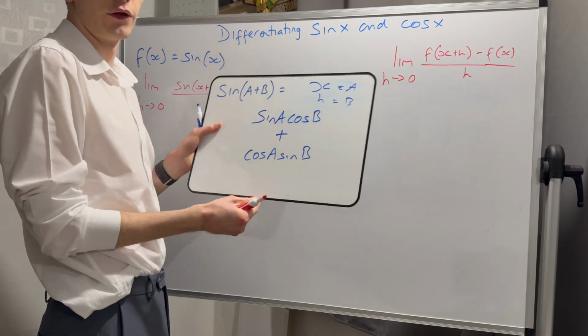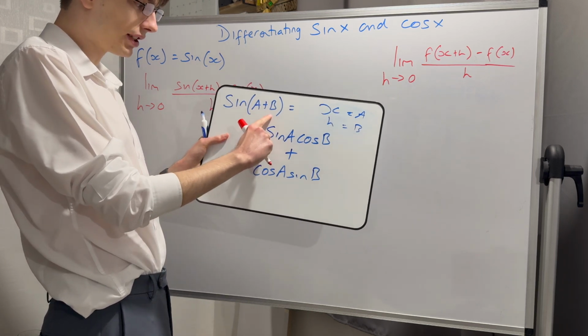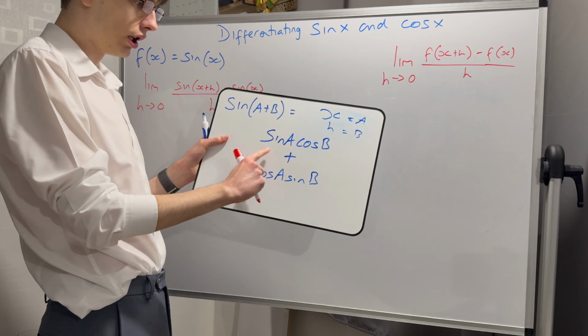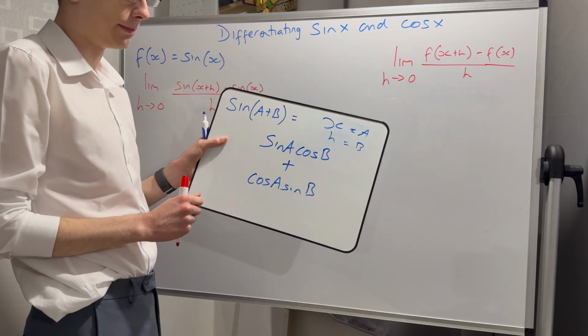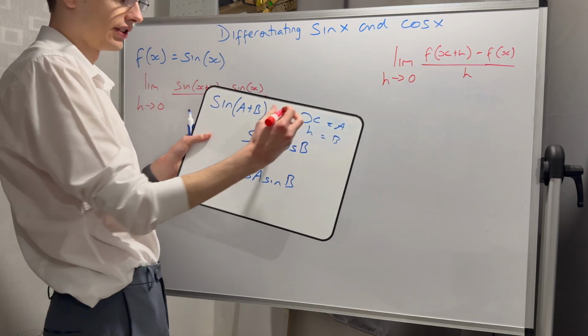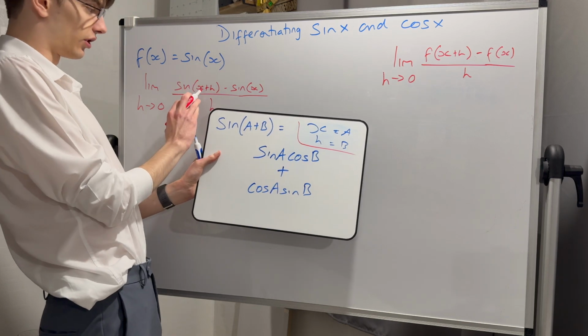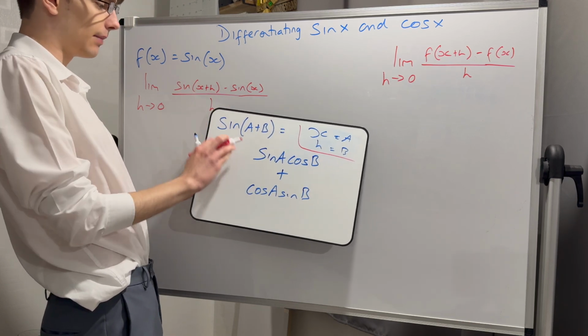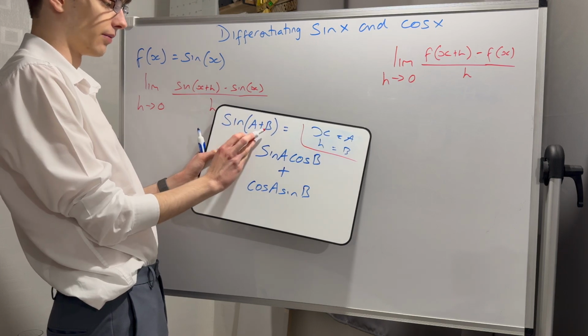And this addition formula here, what I'm going to be using, states that sine of a plus b is equal to sine a cos b plus cos a times sine b. And as you can see, I've got a little thing at the top there telling me that in order to make this the same and usable, I want to say that x is equal to a and h is equal to b.